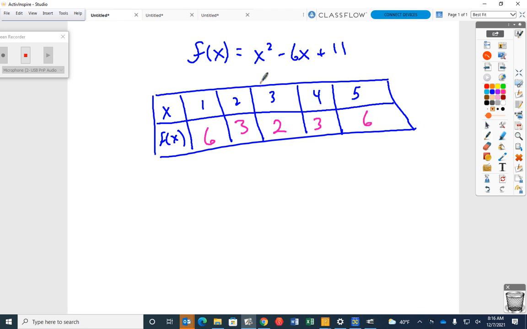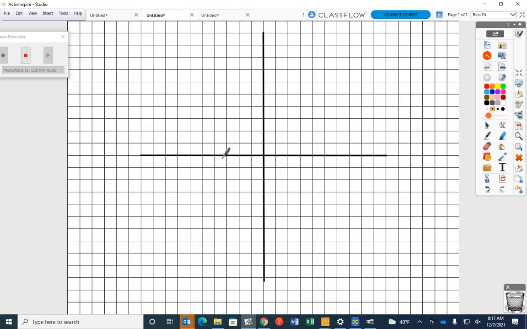Okay, let's graph these and see if we did it right. Our first one is over 1, up 6, right here. Our next one is over 2, up 3. Our next one is over 3, up 2. Our next one is over 4.